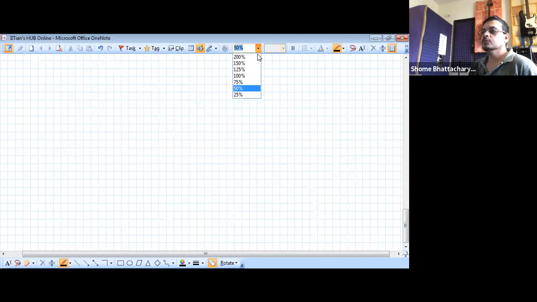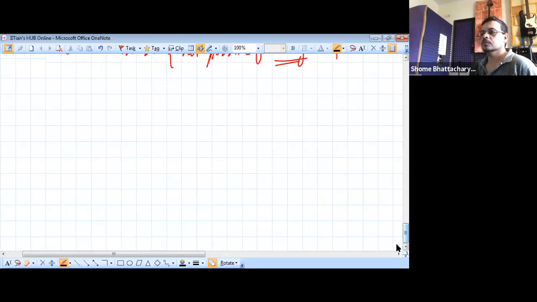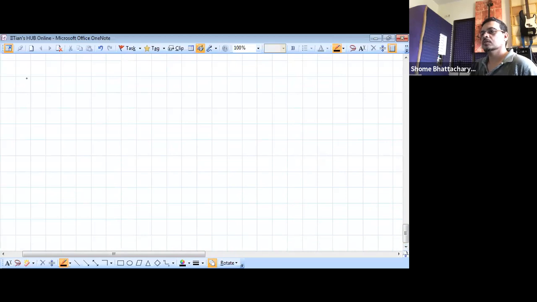Now moving on to the next special case of the parallelogram. This one is particularly useful. It's very important.